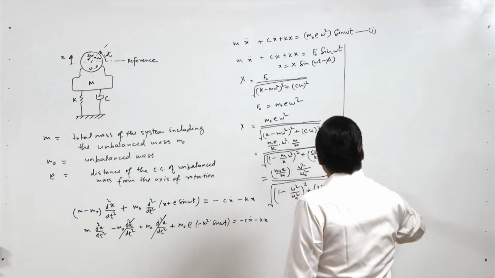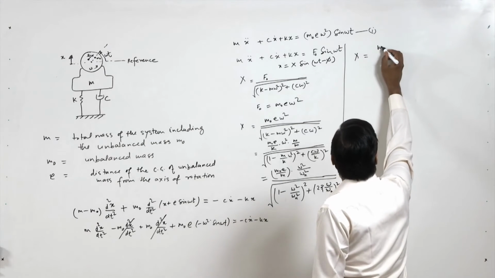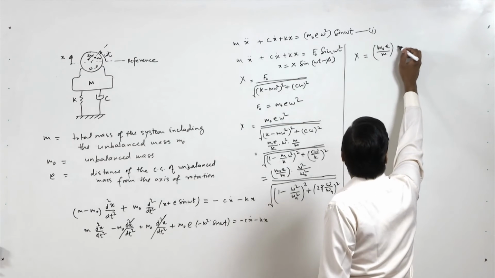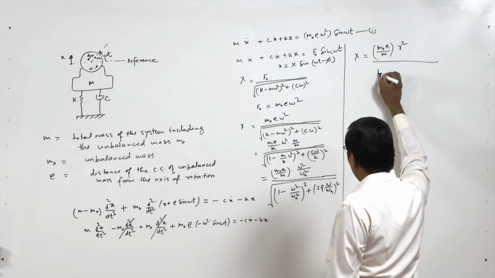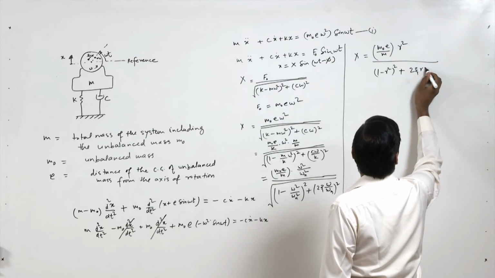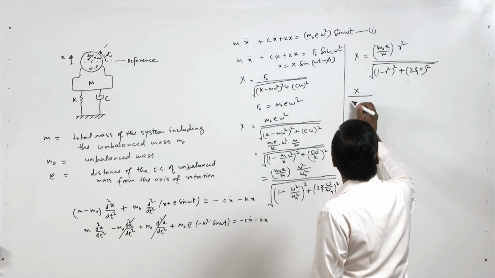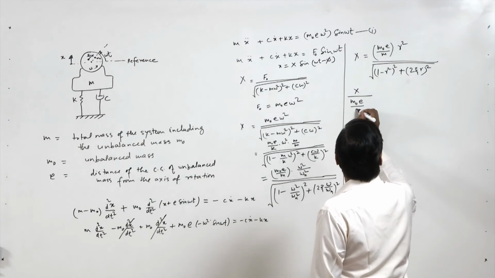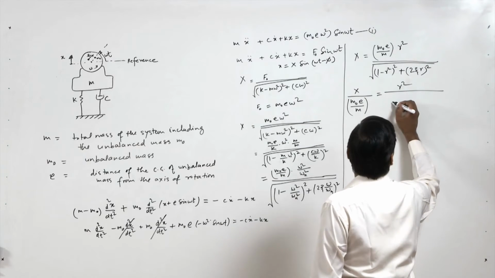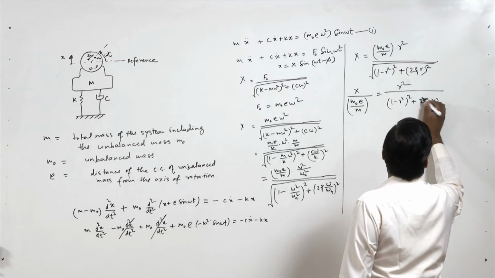So from here we can find X equal to m0 e by m into r square upon the square root of (1 minus r square) whole square plus (2 zeta r) whole square, or we can write X upon m0 e by m equal to r square upon the square root of (1 minus r square) whole square plus (2 zeta r) whole square.